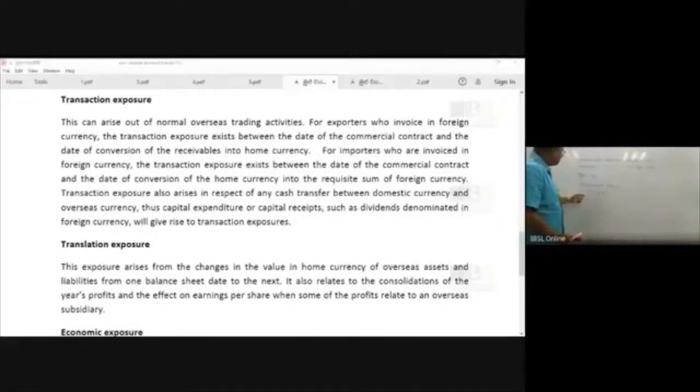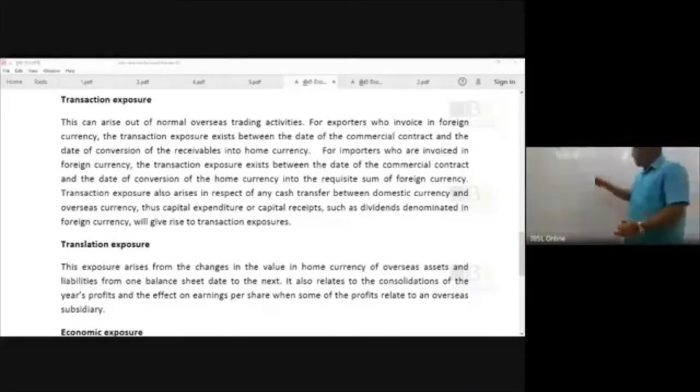Actually, these three should come first. Open account. Consignment basis I didn't discuss, but I will give a little bit of an introduction on that. Then the advance payment, documentary collection, and documentary credit. So those are the main methods of payment you find in international trade. Right. I'll rush through these four as quickly as possible.